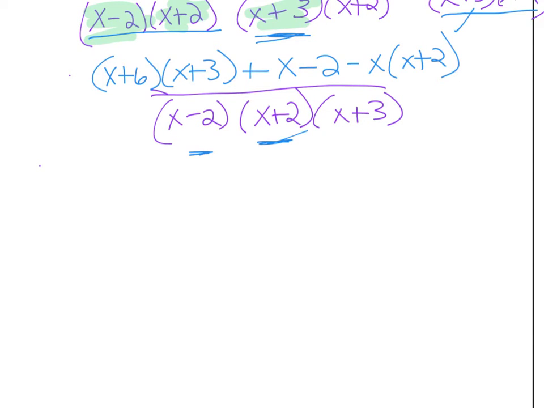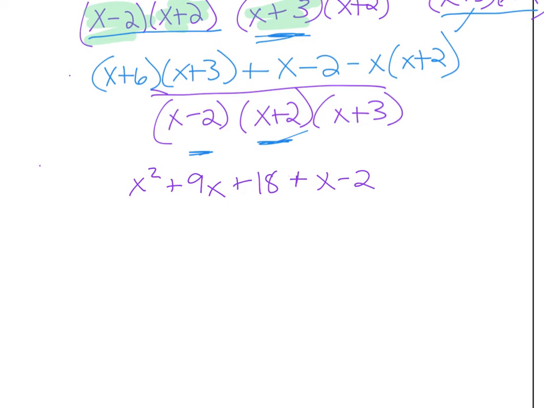So this first term, I get x squared plus, well, that's 6x plus 3x, so 9x. And then I have 3 times 6 is 18, so plus 18. Plus x minus 2, plus, I mean, there we go.